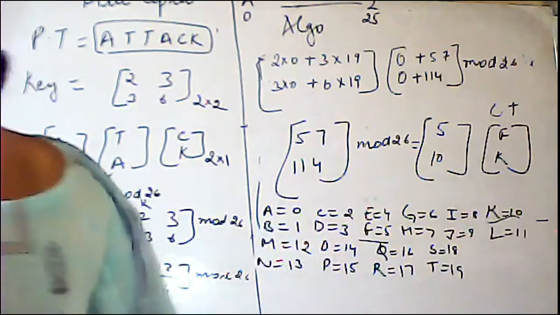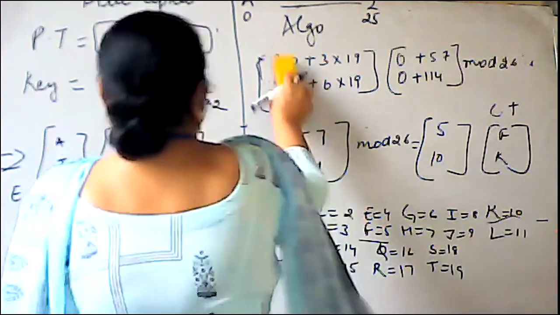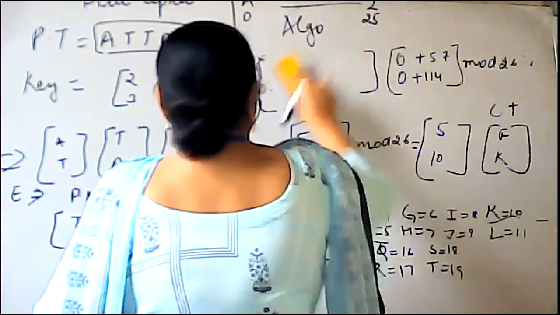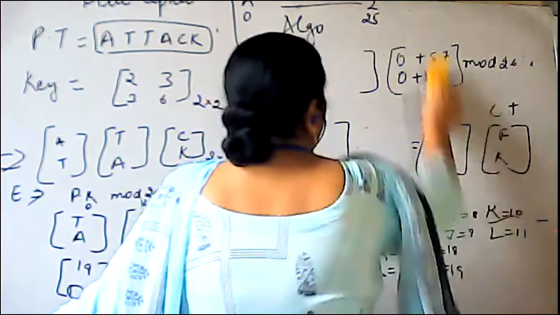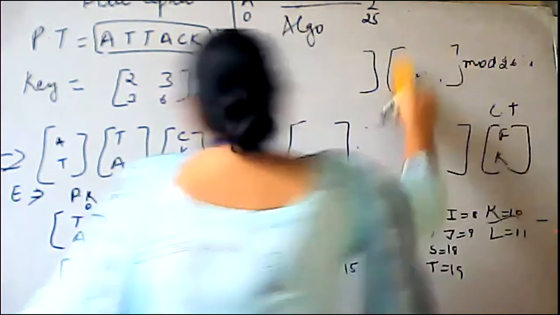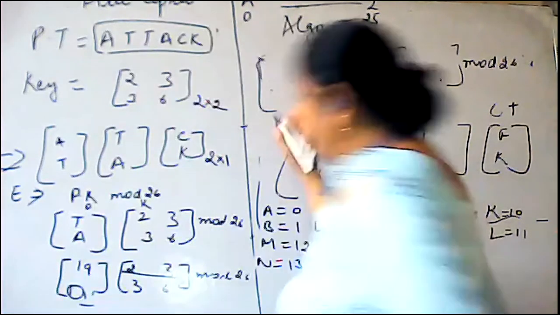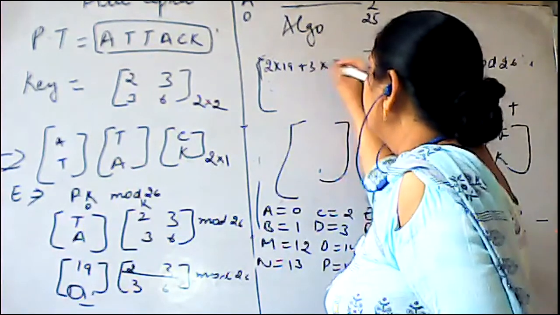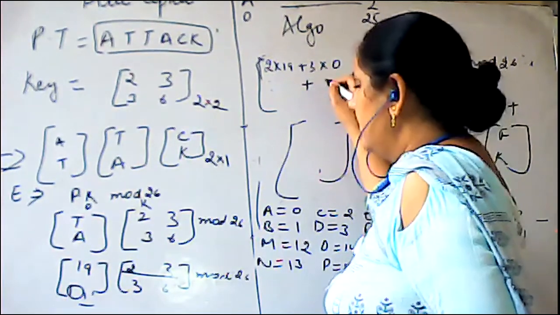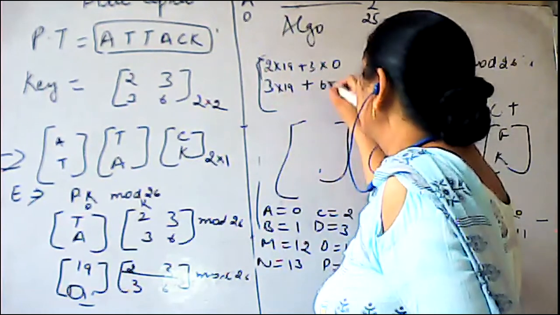And matrix multiplication will give you 2 into 19 plus 3 into 0. Then 3 into 19 plus 6 into 0.